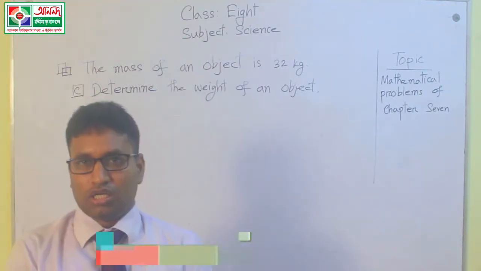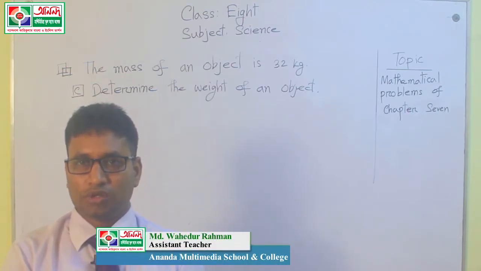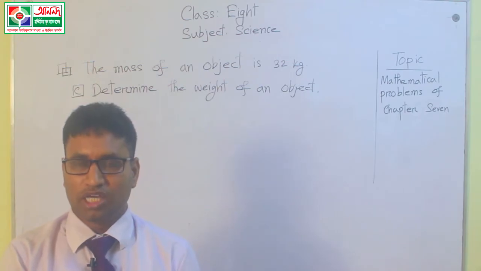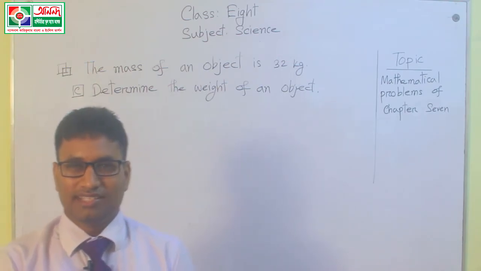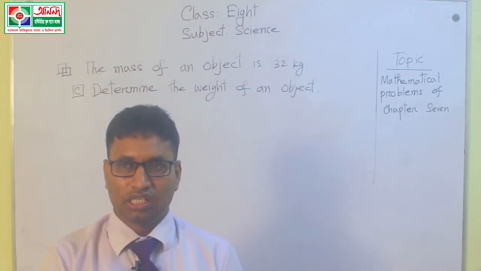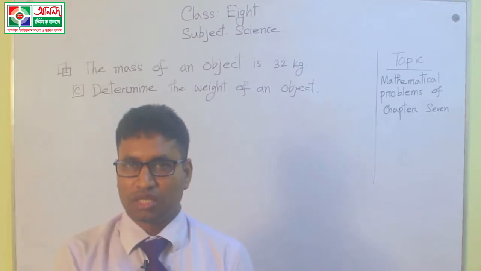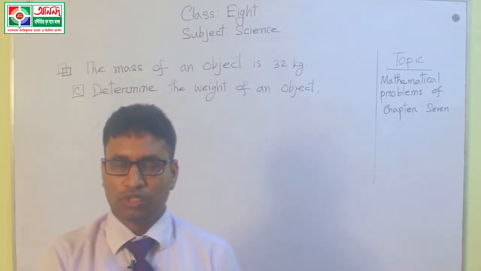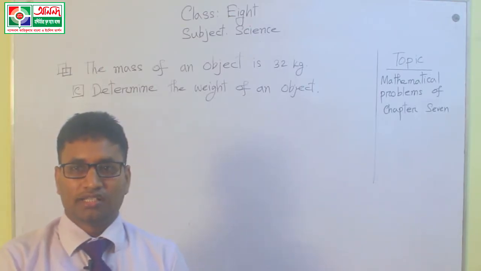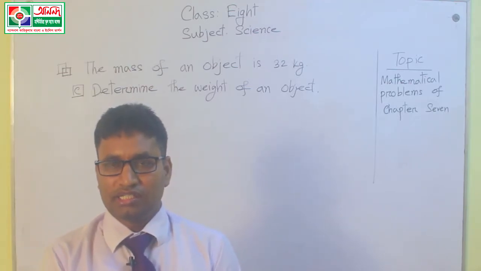We know the formula of weight is W equal m into g, where m denotes mass and small letter g equals acceleration due to gravity. The acceleration due to gravity is different in different regions of the world.